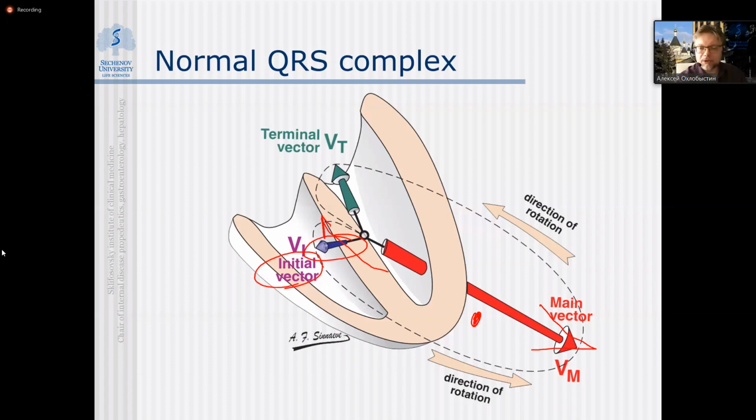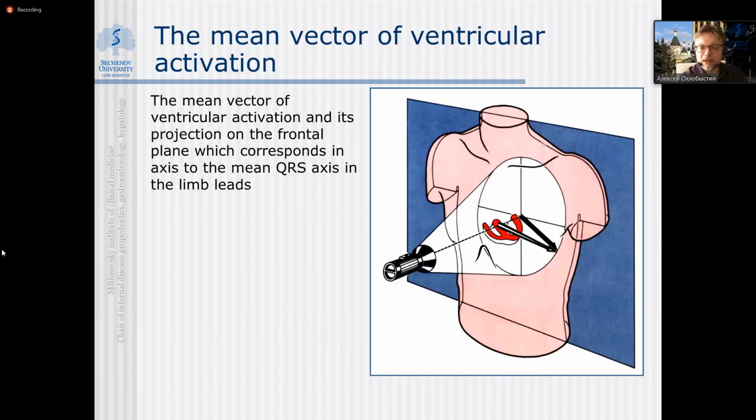Then activation will go up and be directed again away from the apex, somewhere to the outlets of the ventricles. That is what we assess by our standard, augmented, and chest leads: the projection of the momentary vectors, or the summation vector of the ventricles, to the axis of the heart.